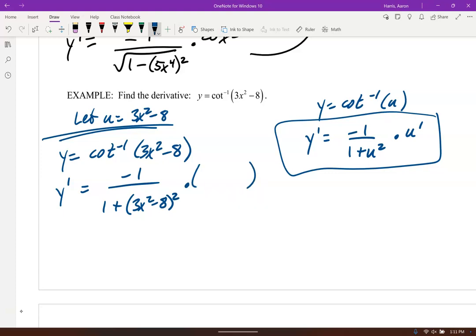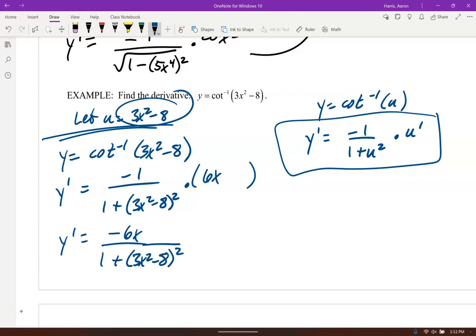Well, the derivative of 3x squared minus 8 is 6x minus 0. So this y prime just ends up being our negative 6x over 1 plus 3x squared minus 8 quantity squared. And you could expand that if you wanted to.